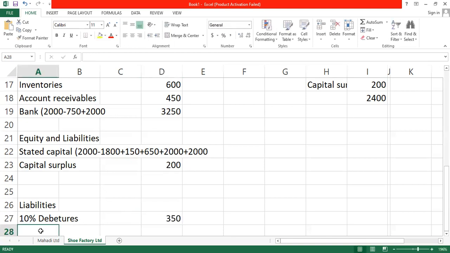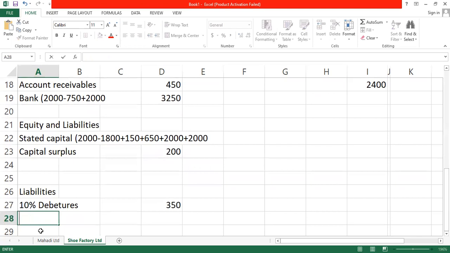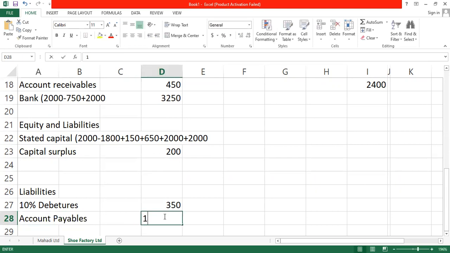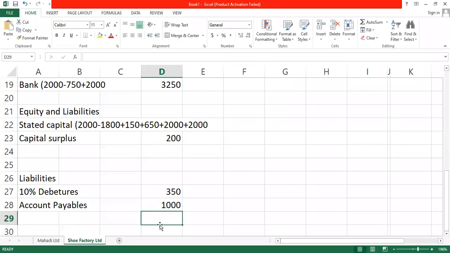Which one again? Accounts payables, 1,000. There won't be a bank overdraft because we have done some transactions through the bank, which now has a debit bank balance. So it will now be an asset, not a liability again. Are we okay?